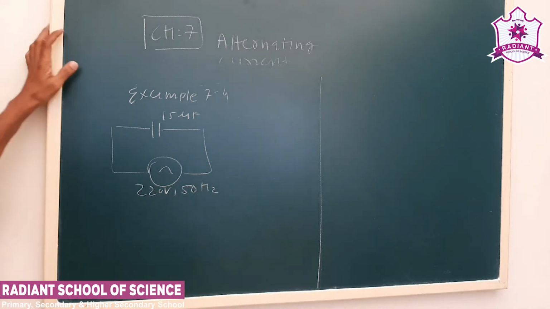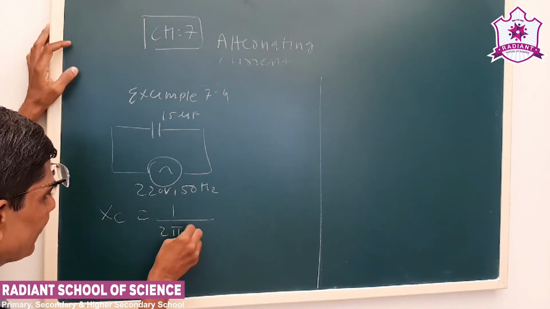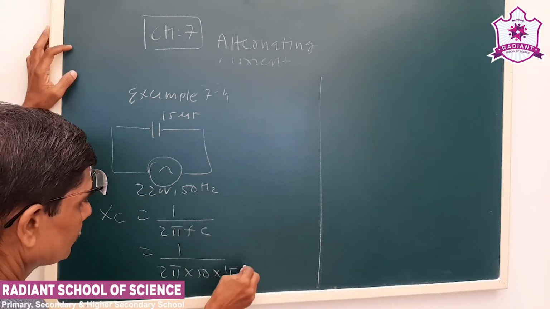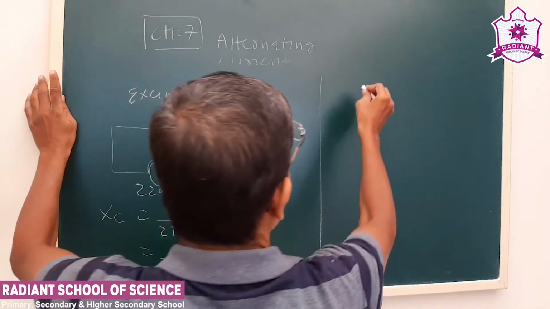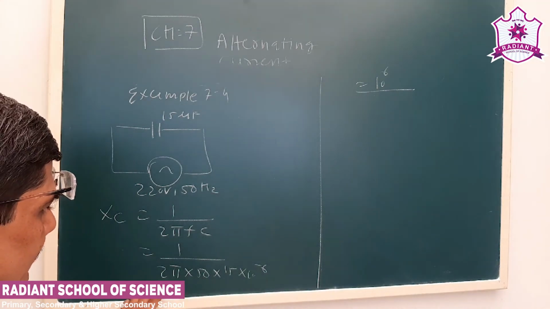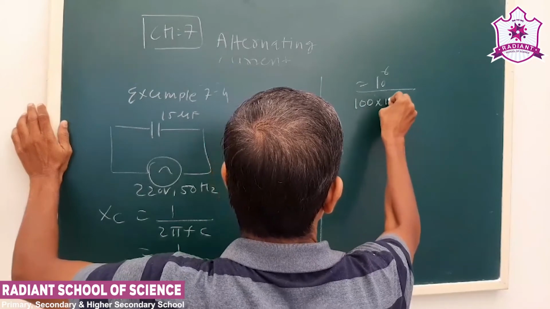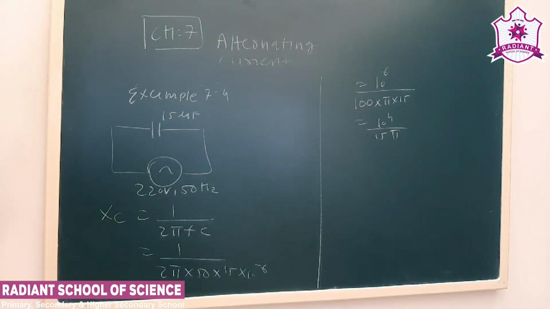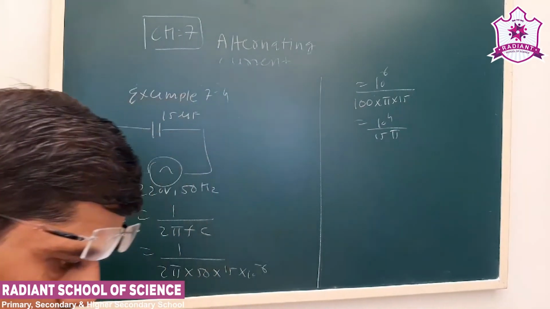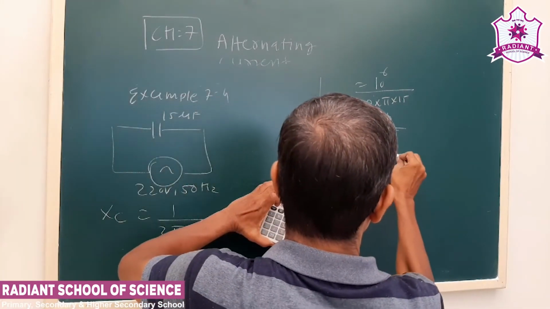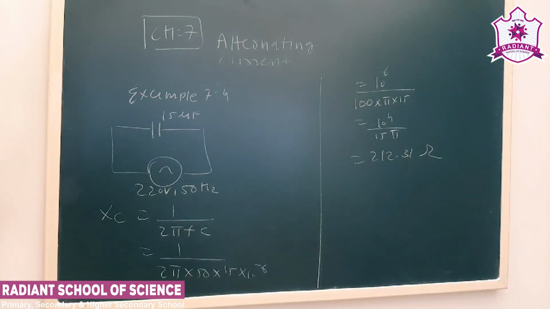The capacitive reactance XC is 1 upon 2 pi F C. Frequency is 50 hertz, so that we can solve: 10 to the 6 upon 100 pi into 15, which is about 212. Now this is the value of the capacitive reactance.